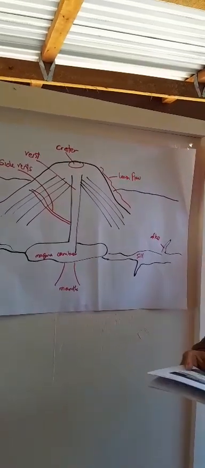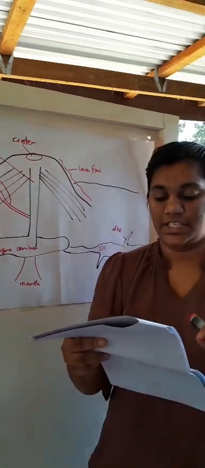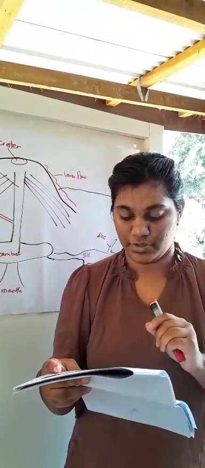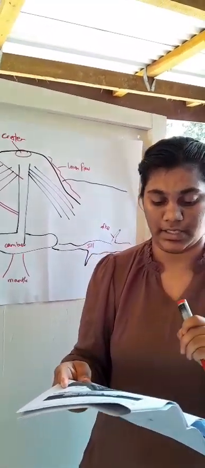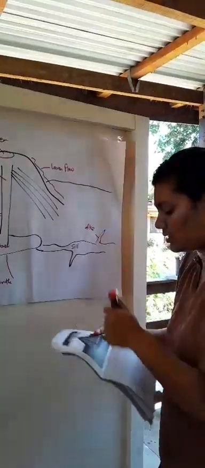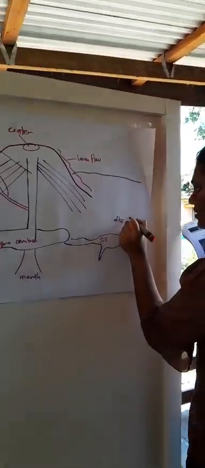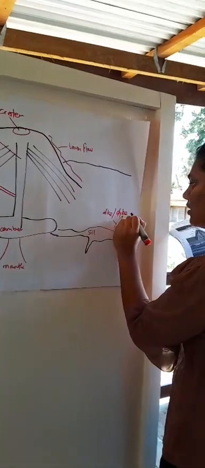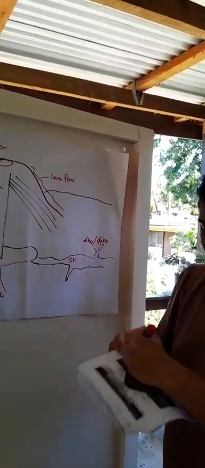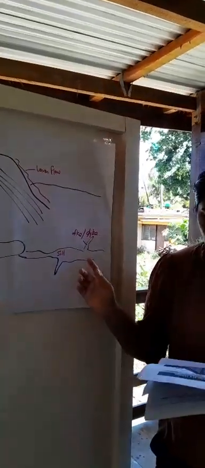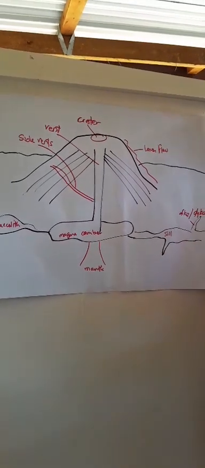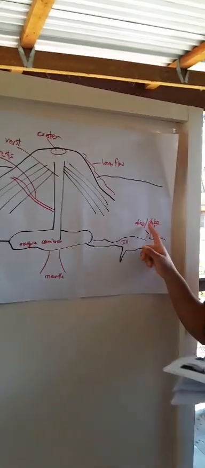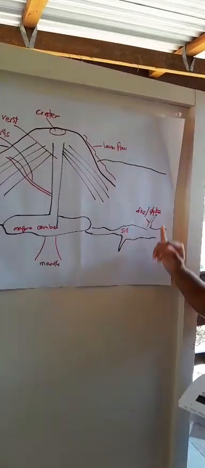A batholith is a very large igneous intrusion extending to an unknown depth in the Earth's crust. A dike can also be written as a sheet-like body of magma that cuts through and crosses the layering of adjacent rock. Dike. It cuts through the layering.